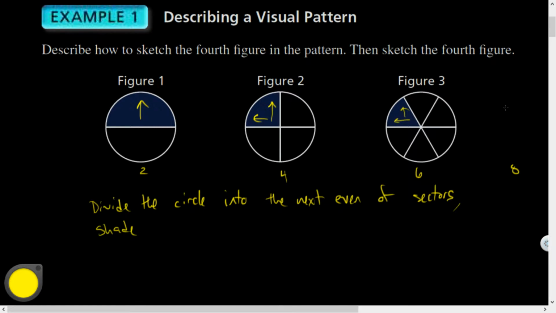But we're going to have somewhat of a dilemma in this next one. Our pattern is insufficient to make a full conclusion. But I'm expecting, right, I'm going to divide this into 8 sectors. Because now I've got a tie between left and top. Do I want to shade here or here?